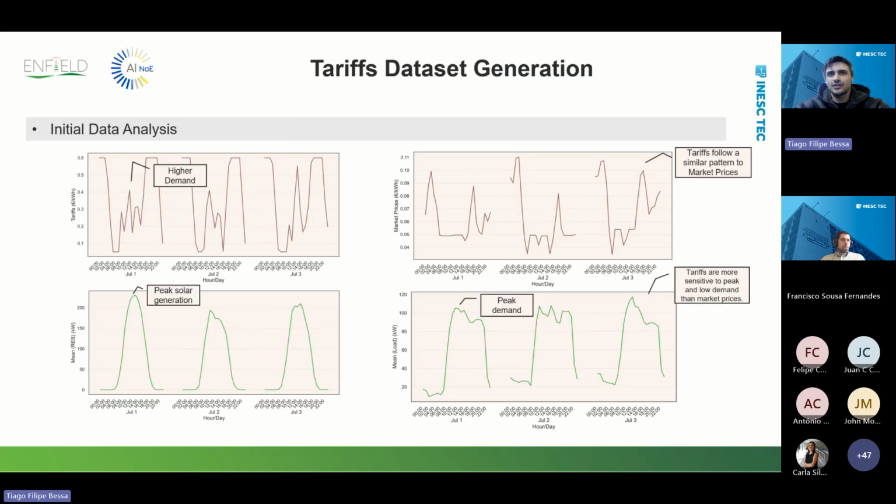So this is an initial analysis that I had to do. Basically, what you see here are the target variable tariffs and 3 other features, such as market prices, the solar generation, and charging demand.